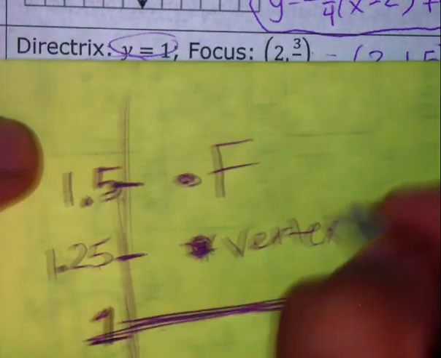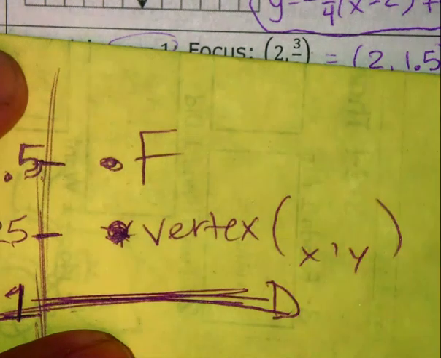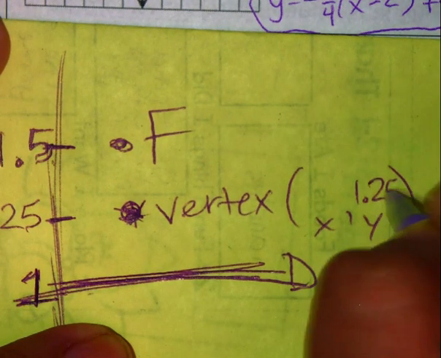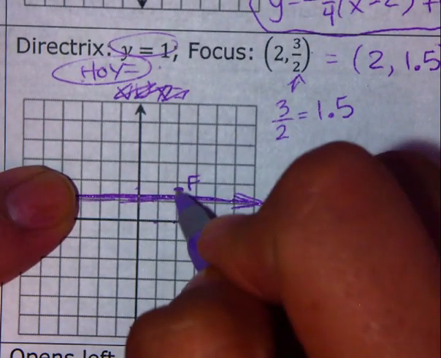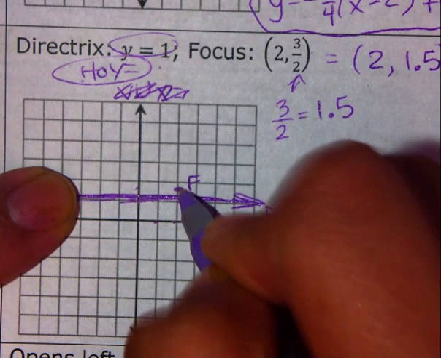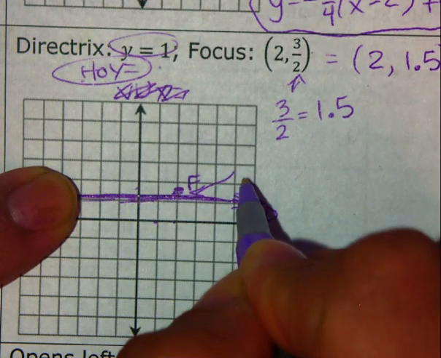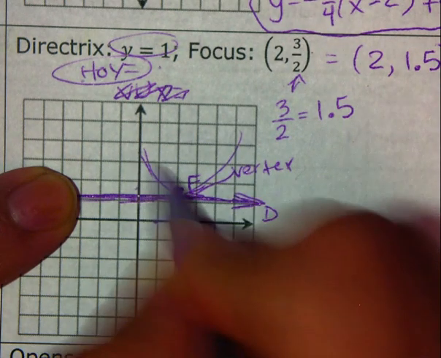So knowing that our vertex is going to have an x, y ordered pair, and the 1.25 is the y value. The x value comes from knowing that the focus and vertex are aligned. So in there, we're going to have the vertex. It's going to be opening up.